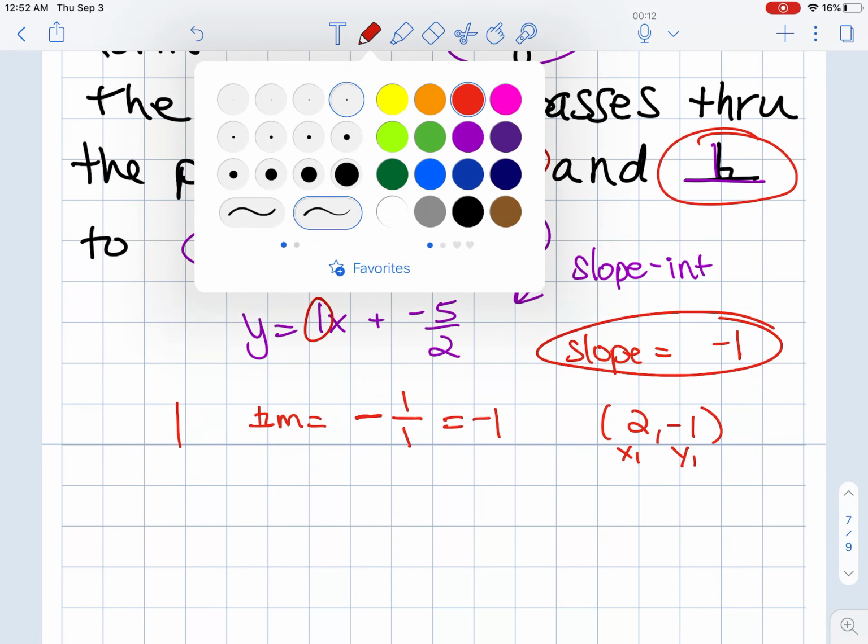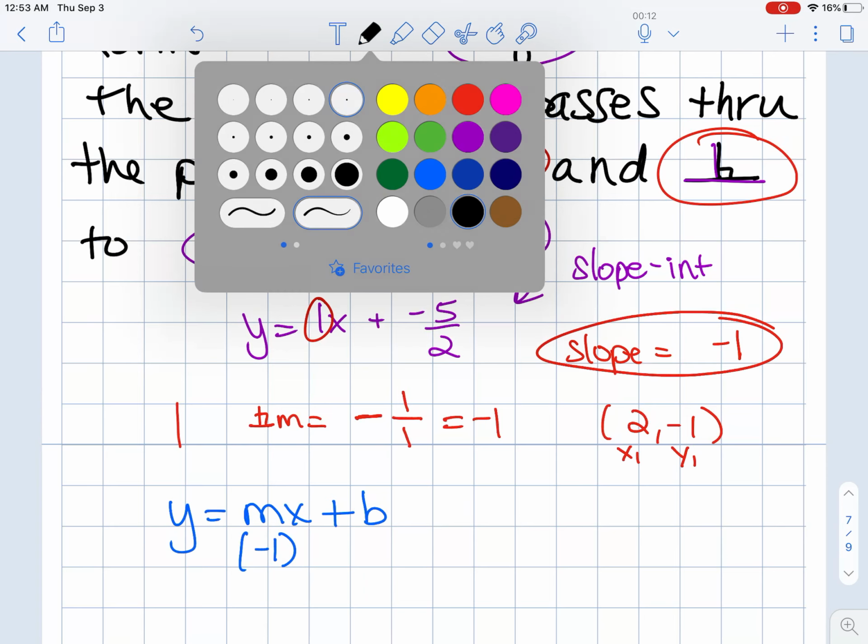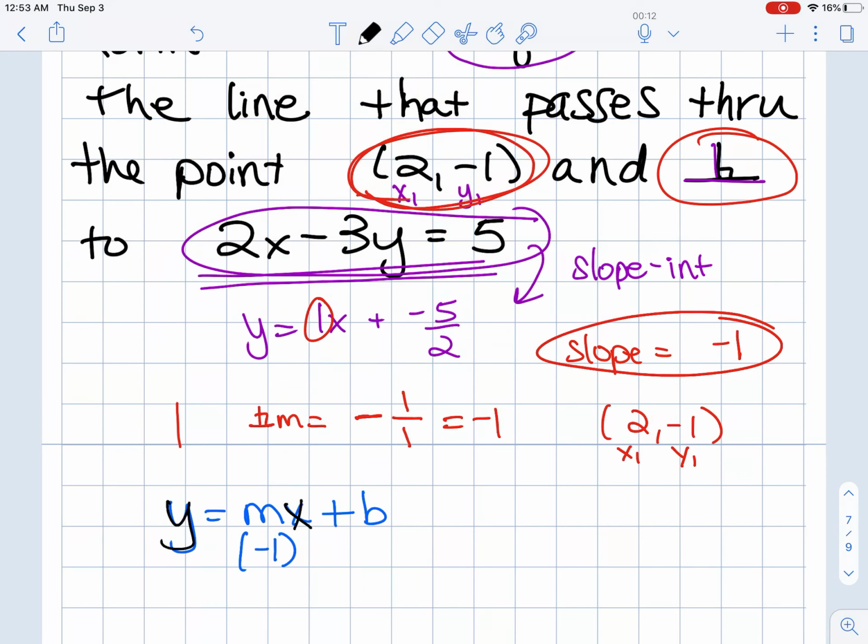So again, we're trying to get this in slope-intercept form. I don't have b, but I do have m, so I can replace m with negative 1. Remember that y and x are part of it, but because we don't have a solution for b, we're going to borrow this point as a solution for the equation that it will touch.